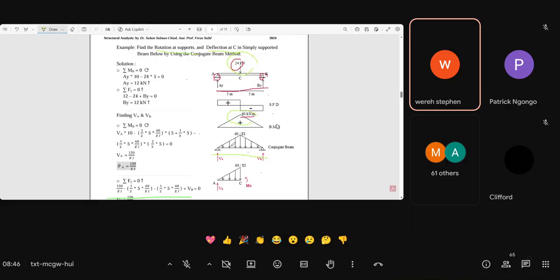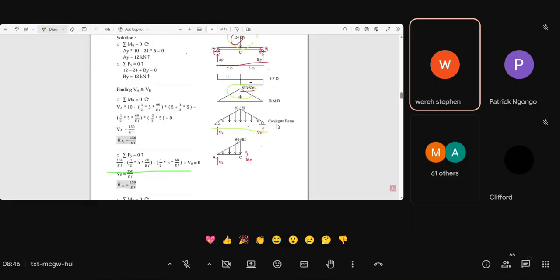If you have a triangular, increasing load, how much will the total load be? If it is a UDL, which is flat, normally somebody asks you to find the total load. How much will it be?